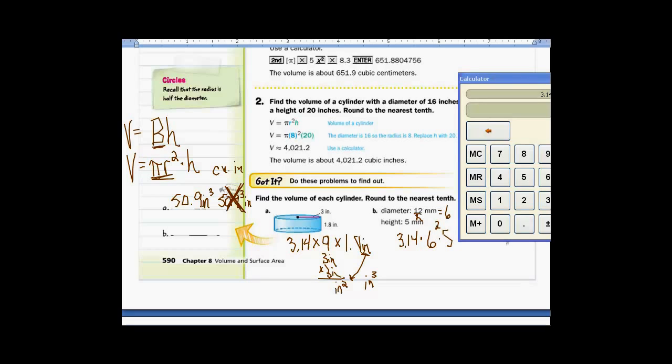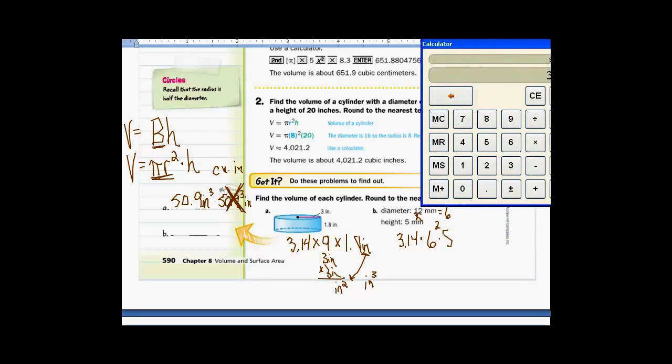Okay, so 3.14 times 6 squared, so that's times 36, times 5. I get 565.2.